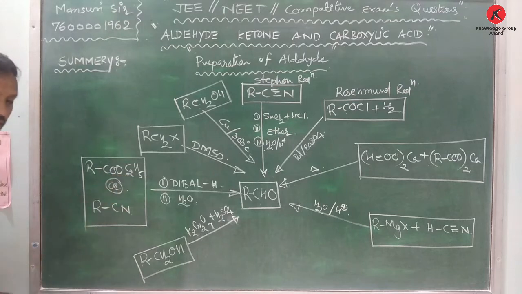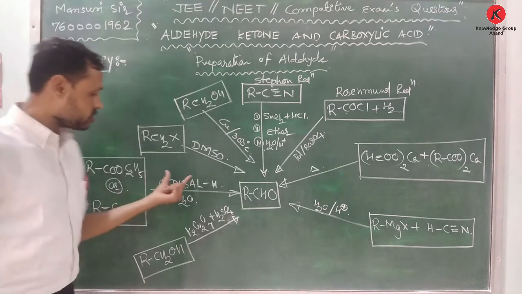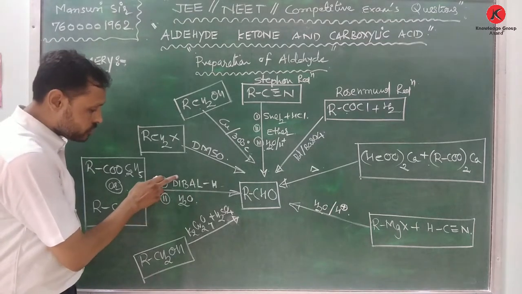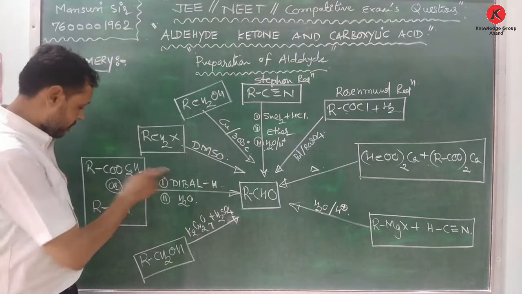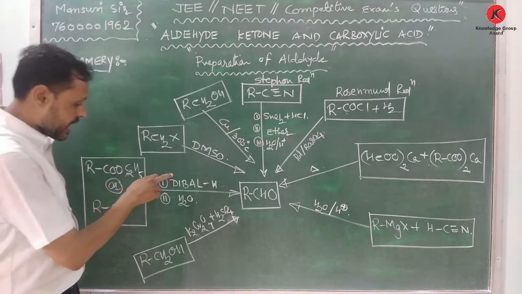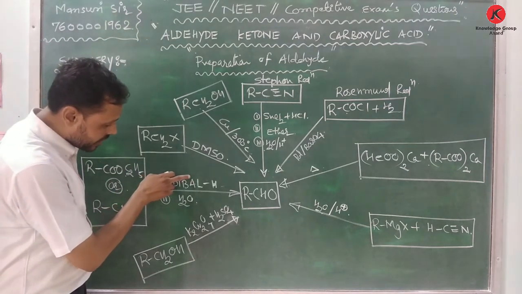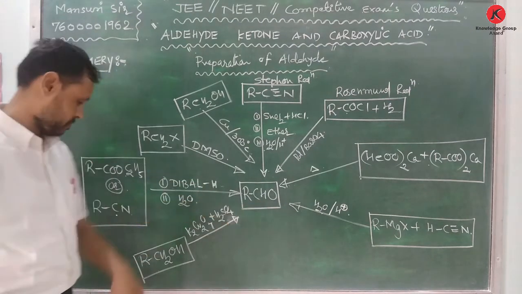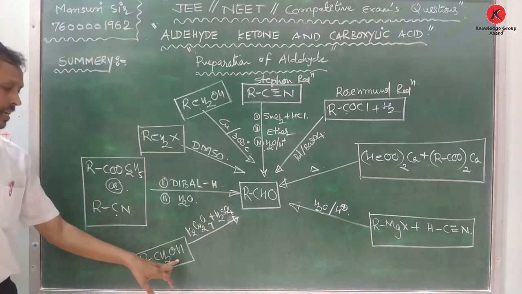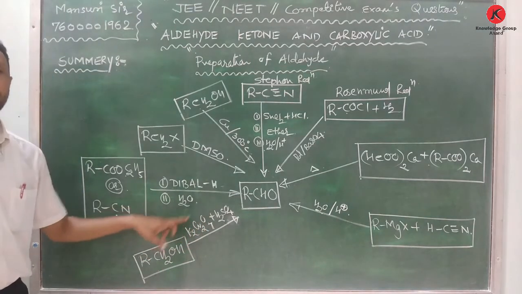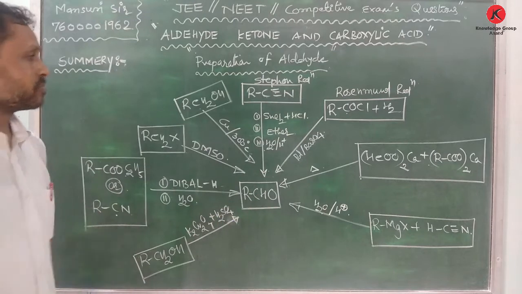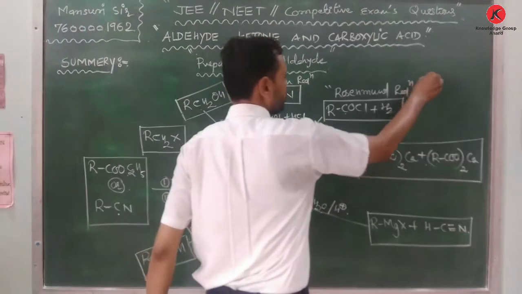Thereafter ester or cyanide reacts with a reducing agent like DIBAL-H, that means diisobutylaluminium hydride. When ester or cyanide reacts with it and then hydrolysis, then it forms aldehyde. Thereafter primary alcohol reacts with acidic K2Cr2O7, then also forms aldehyde.